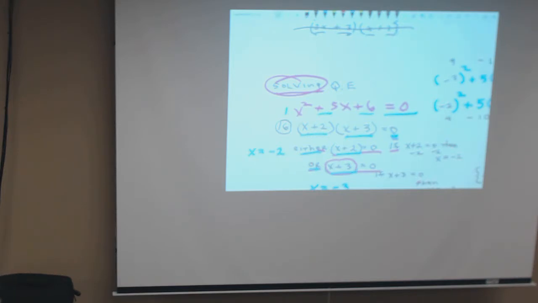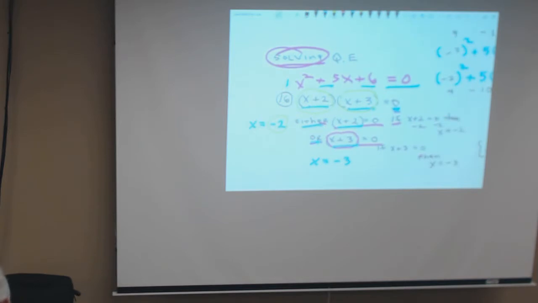Or another way to look at it is, do I have another color here? Let's try green. What would x have to be to make that green circle a 0? -2. See that? What would x have to be to make that green circle a 0? -3.